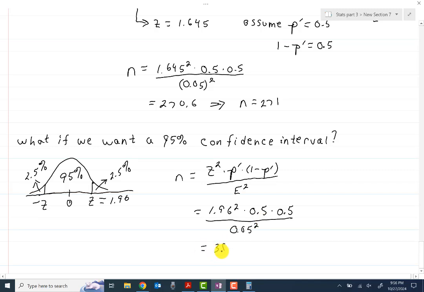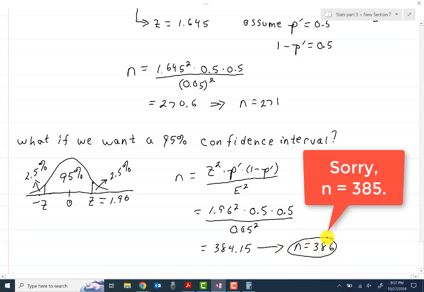My calculator gives me 384.15. I really don't care about that. We're going to round up to 385. Notice the sizes increase, obviously. To get more accuracy, you have to increase the number of people that you survey.